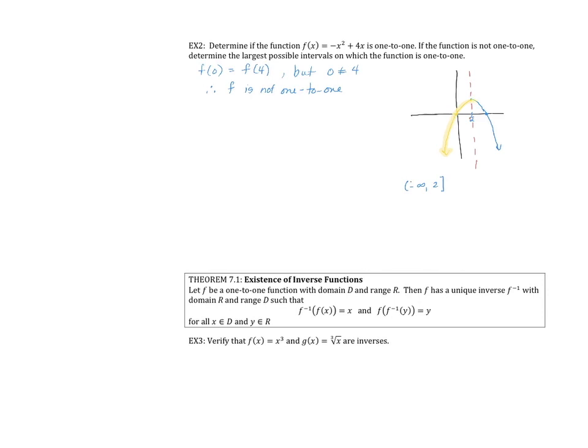And if I look to the right of 2, this interval from 2 to positive infinity gives me another 1-to-1 function. Okay, so these are the largest possible intervals that correspond to 1-to-1 functions.